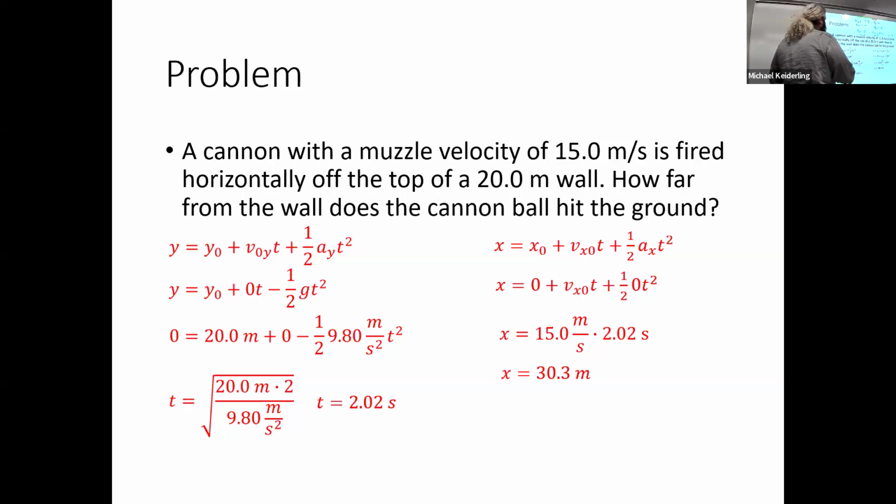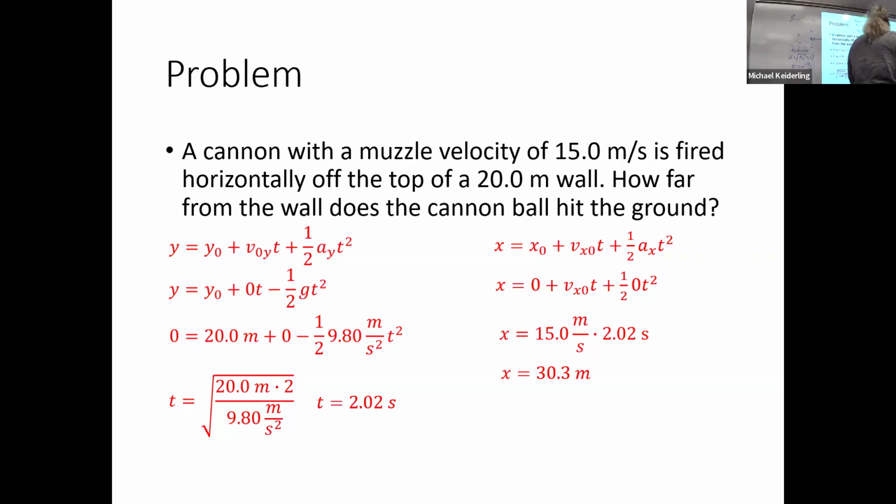So 0 equals 20 meters plus 0 minus 1/2, 9.8 meters per second squared times t squared. You solve for t, you get t is 20 meters times 2 divided by 9.8 meters per second squared. So 40 divided by 9.8. The time that comes out is 2.02 seconds.